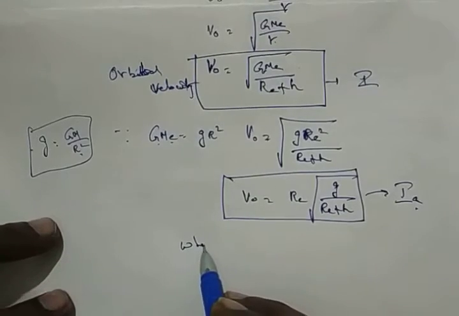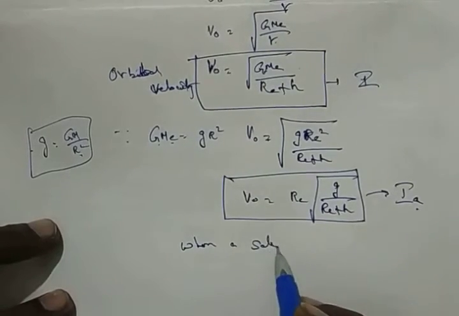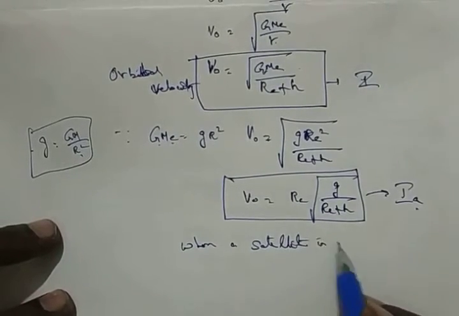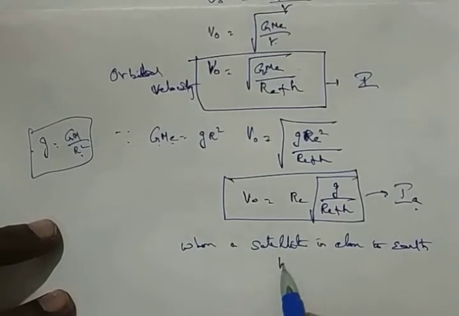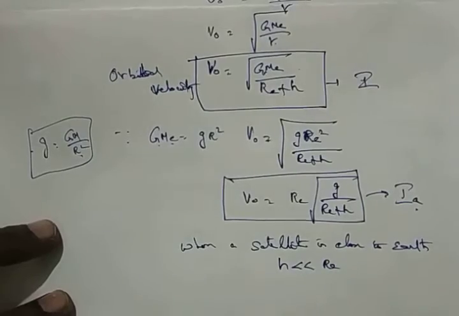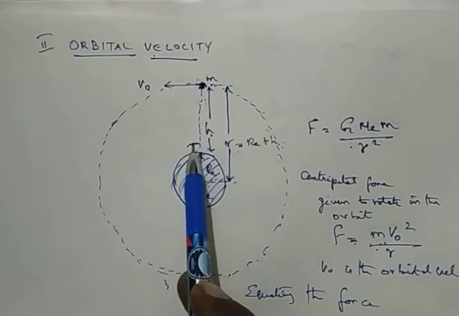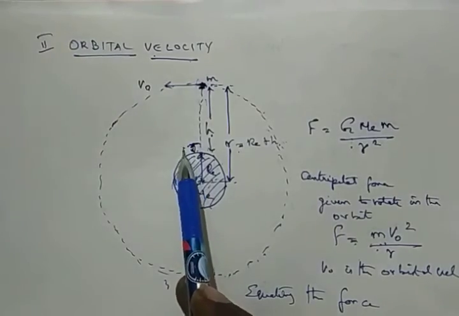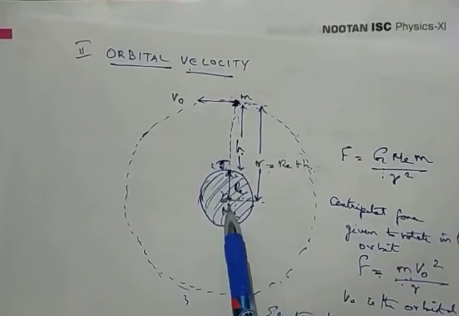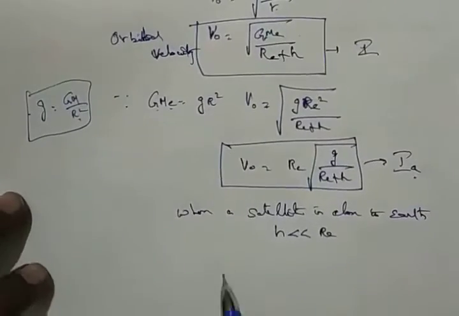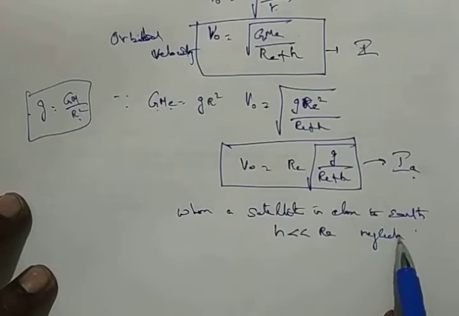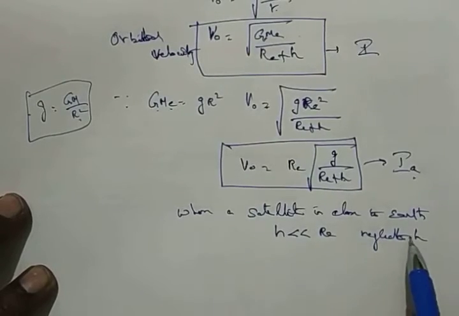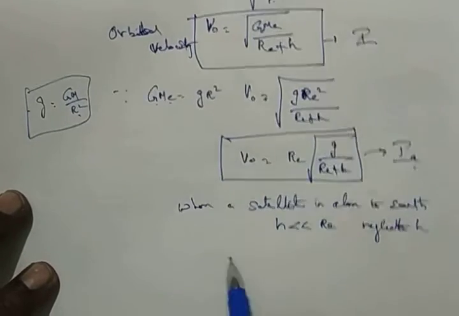When a satellite is close to Earth, then height is much less than R_E. This height will be very, very small when compared to the radius of the Earth. So what can you do? Neglect the height.